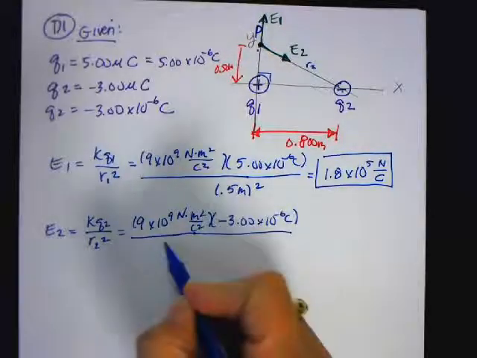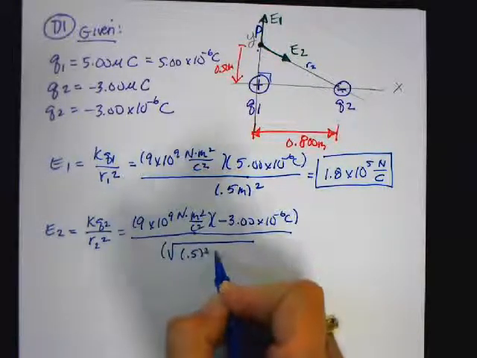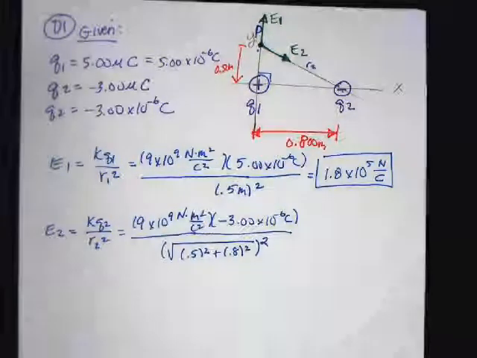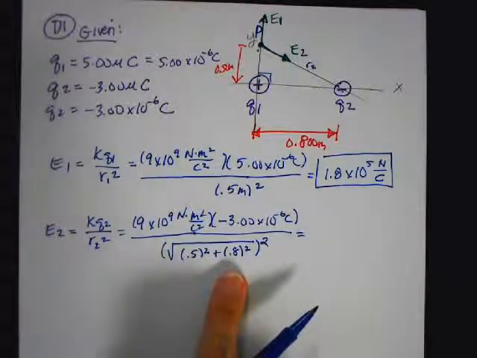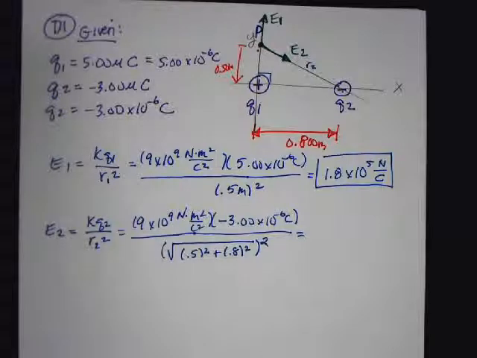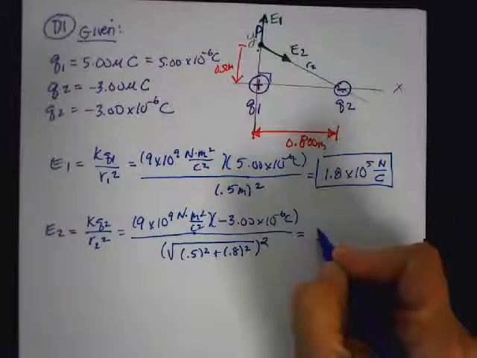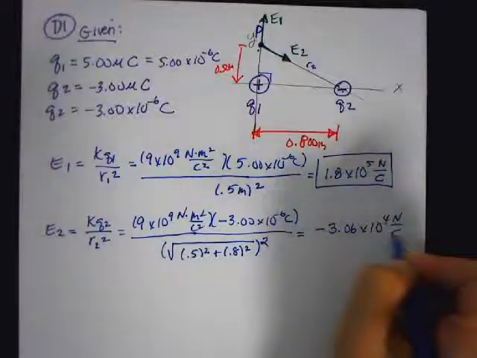So I'm just going to write all that here: the square root of 0.5 squared plus 0.8 squared, and that whole quantity is squared. Now if you want to do the Pythagorean theorem separately and calculate what R2 is, go ahead and do it. Okay? So when I do all that, E2 comes out to be negative 3.06 times 10 to the 4 newtons per coulomb.